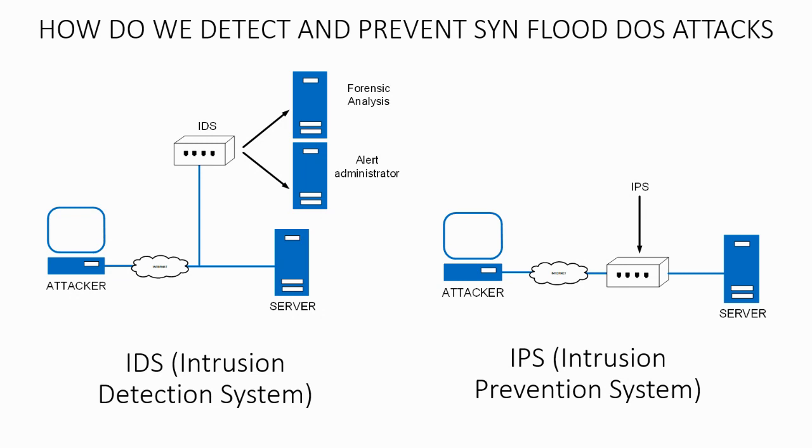As you can see here, there are two types of topologies that characterize the IDS versus IPS. On the left here, we have the intrusion detection system, which is plugged into a switch. Let's say we have an attacker that launches a SYN flood attack towards a server.